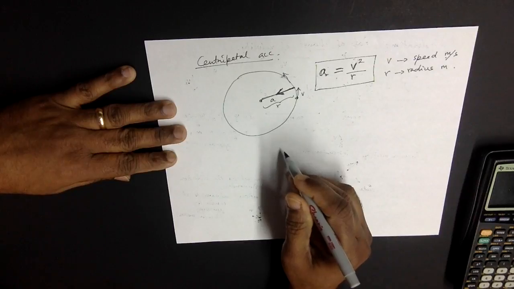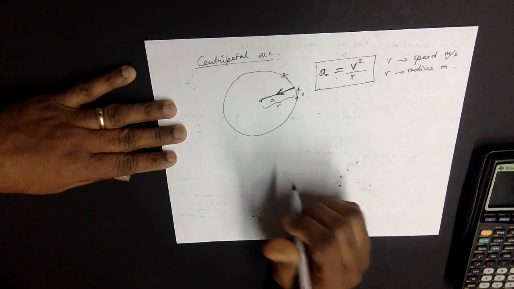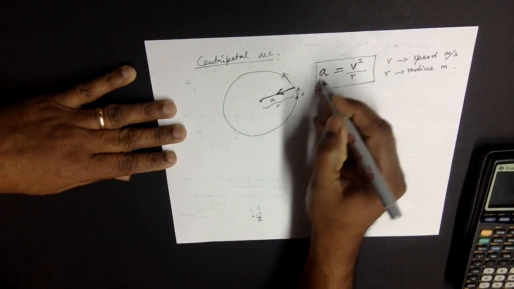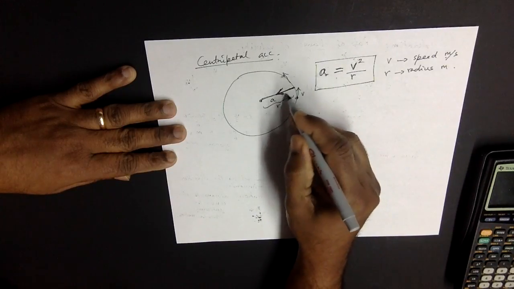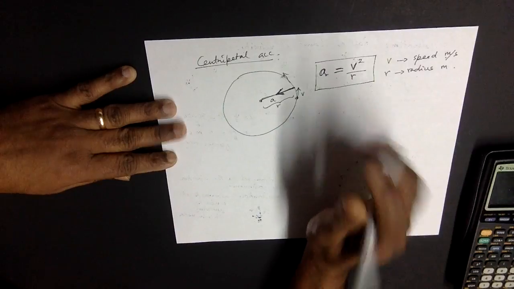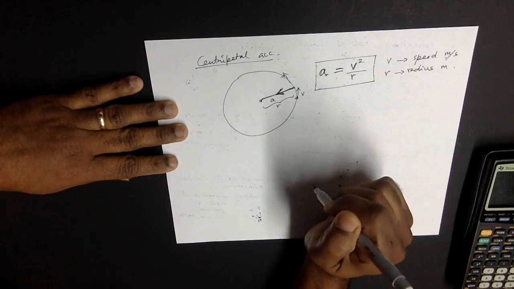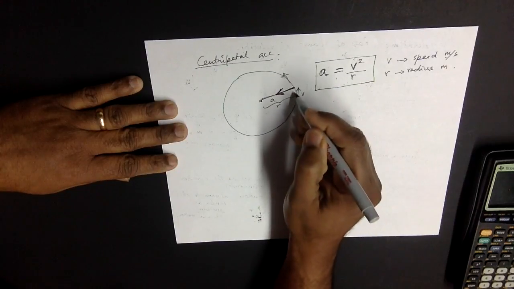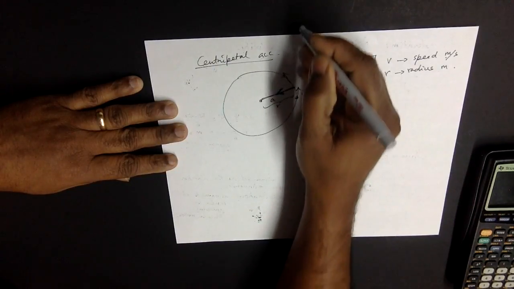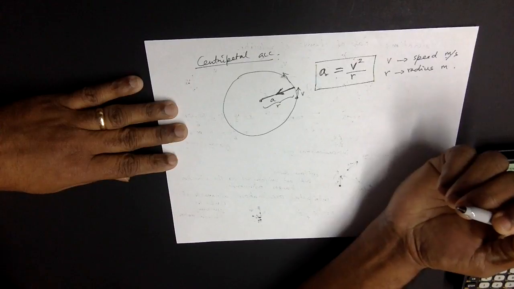That's what happens these days. If the road is icy, you are expecting a certain acceleration depending on your speed and radius, but what happens is the friction says, I give up, I cannot provide this much, and therefore you cannot continue making that circular path. You just skid off in that direction.